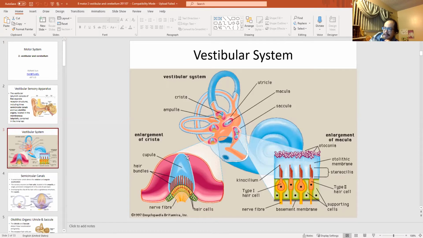So when there is any rotational movement, the fluid will push this gelatin, this cupula, and then it will bend the cilia.